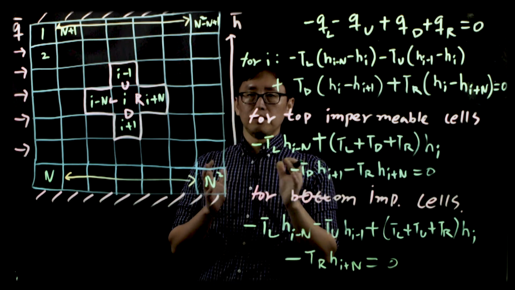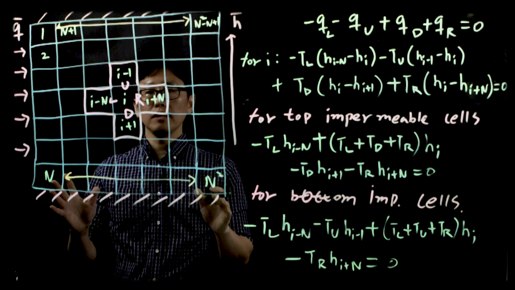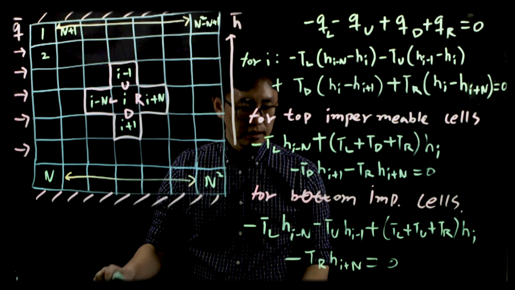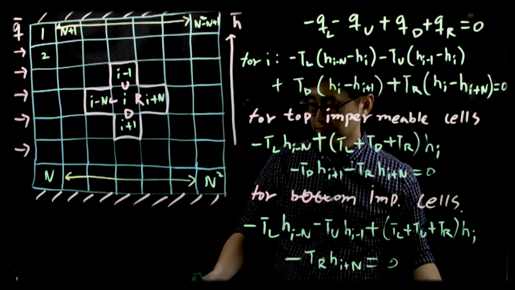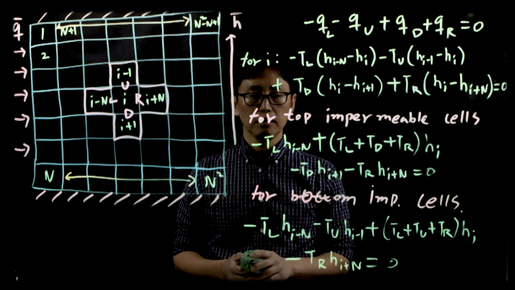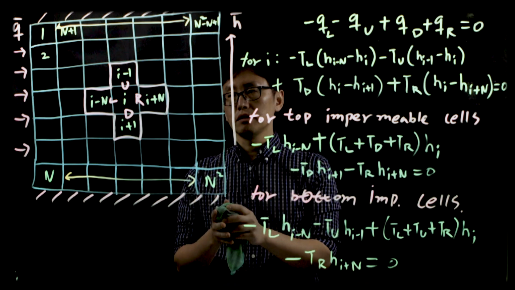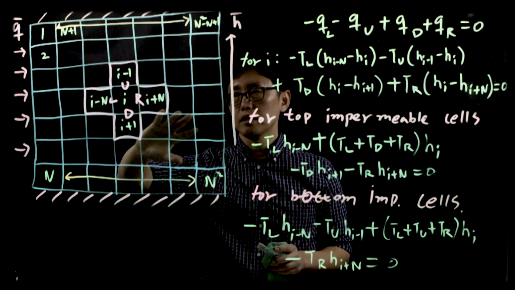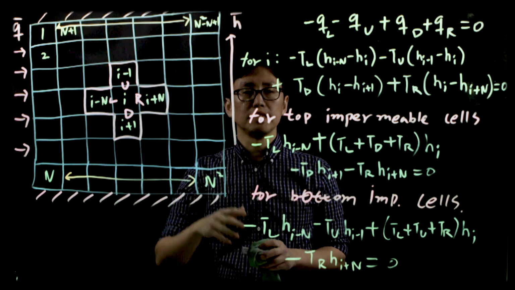So we now have all equations expressing all grid cells, and we can formulate the matrix multiplication equation. By solving that equation, we can solve the whole head distribution over all the grid cells here.